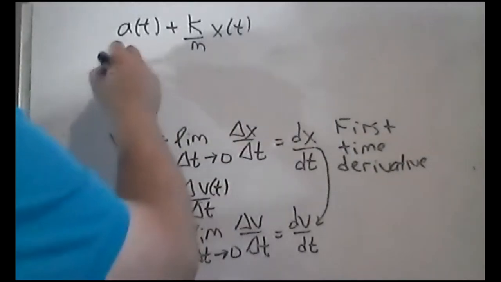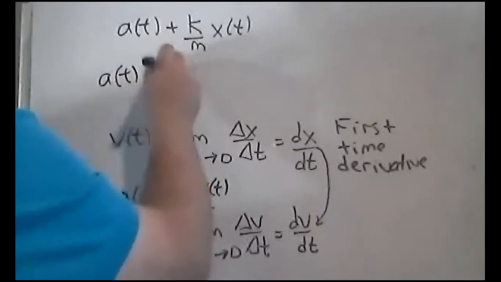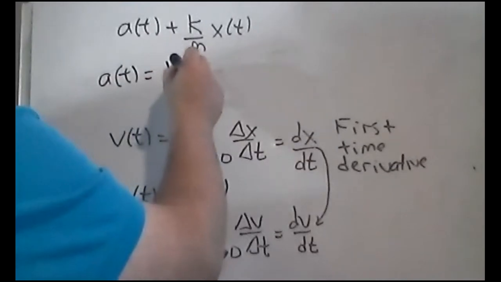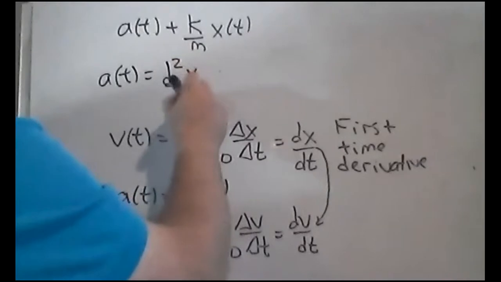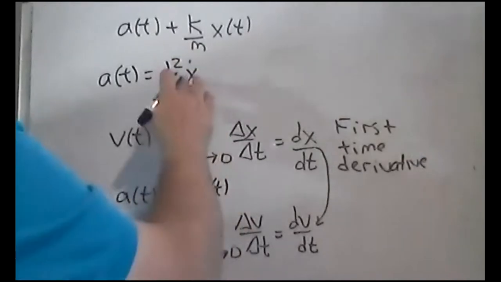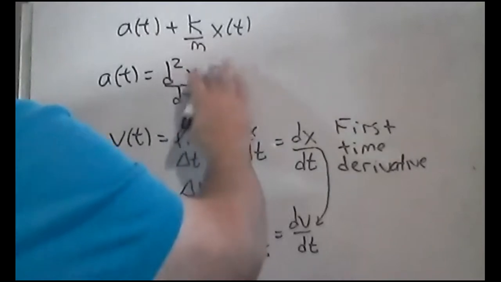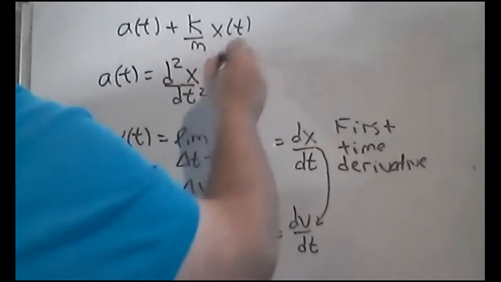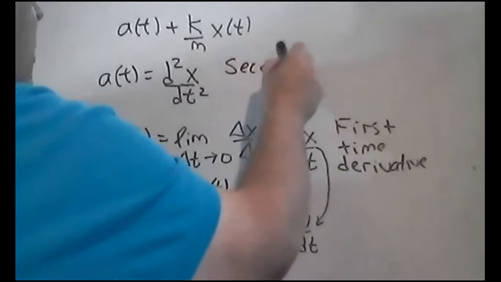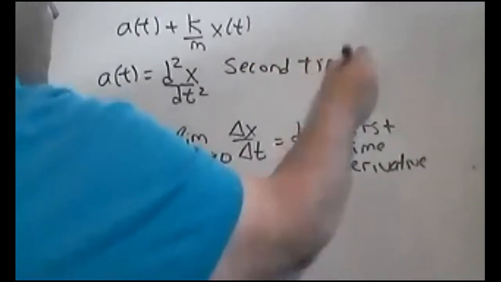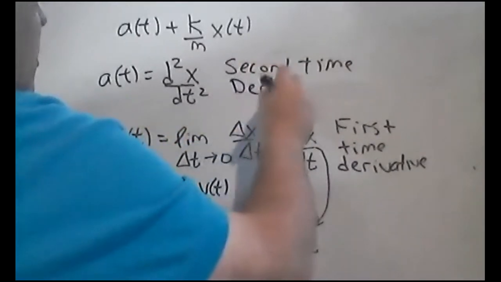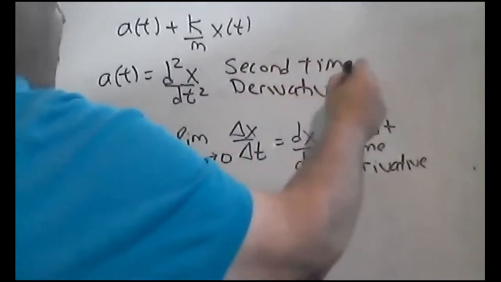With that substitution, a as a function of time becomes what we call the second time derivative of the position. It's basically the slope of the slope. This is what's called the second time derivative of position.